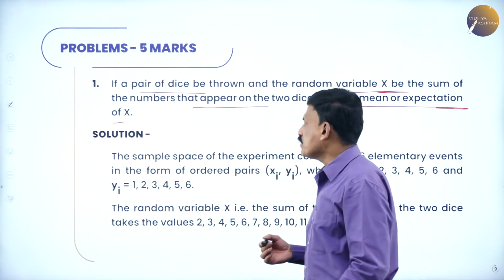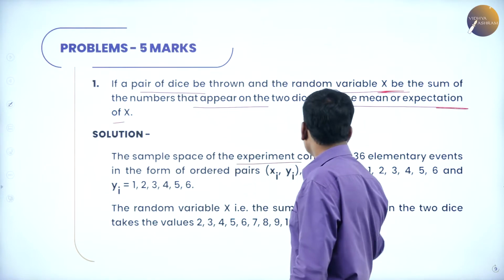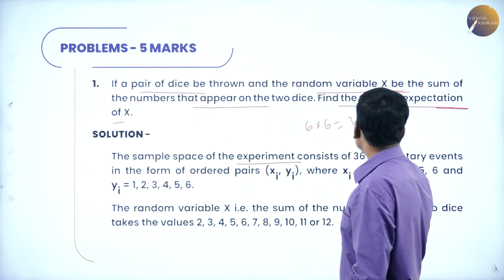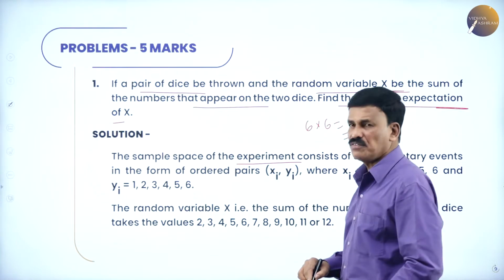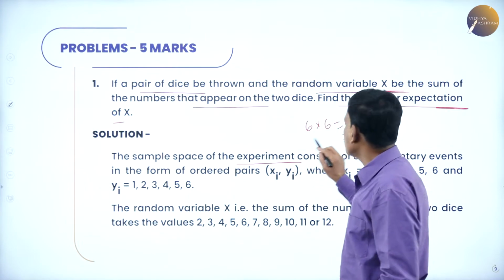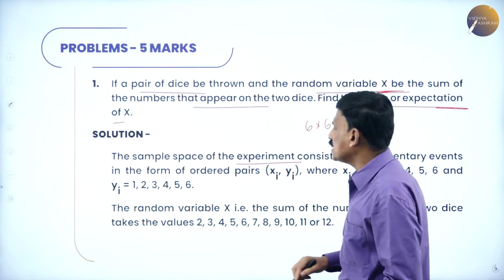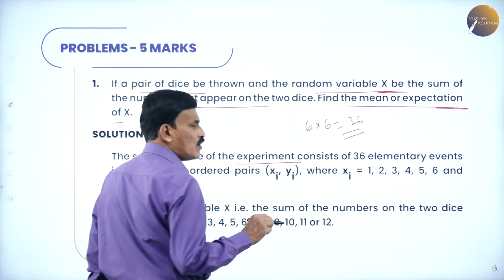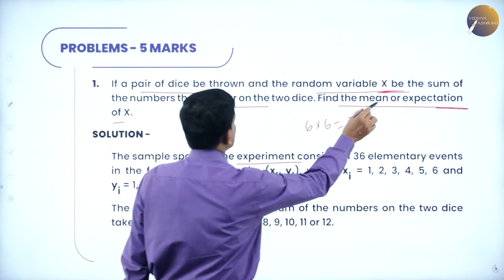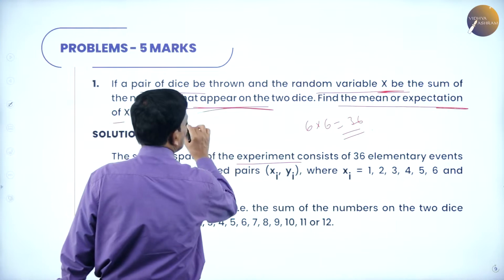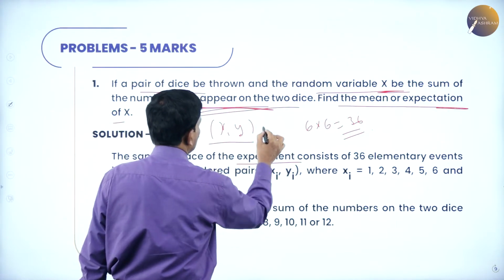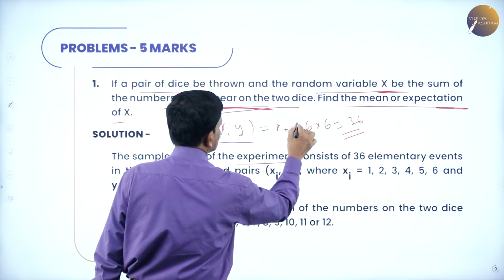Let us write the sample space. The sample space of the experiment consists of 6 into 6, that is 36 elementary events, in the form of ordered pairs, because the sum of the numbers that appear on the two dice is x plus y.